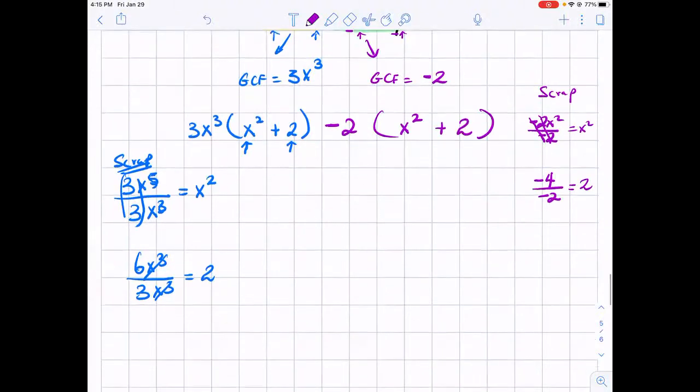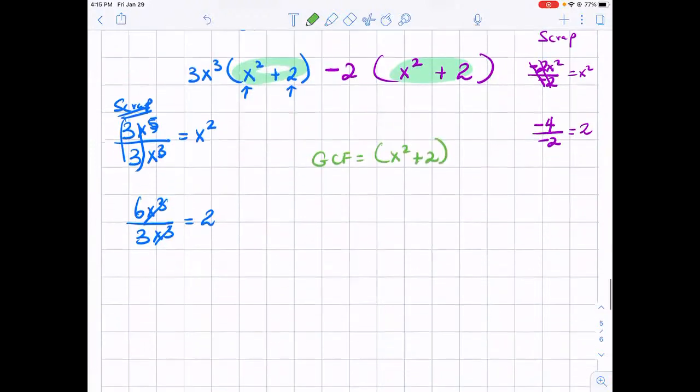So observe again, this parentheses is the same as this parentheses. So once again, we do have GCF. GCF is x squared plus 2. And if you take out x squared plus 2, what do we have left? Well, you will have this parentheses here left, or the outside here, which is 3x cubed.